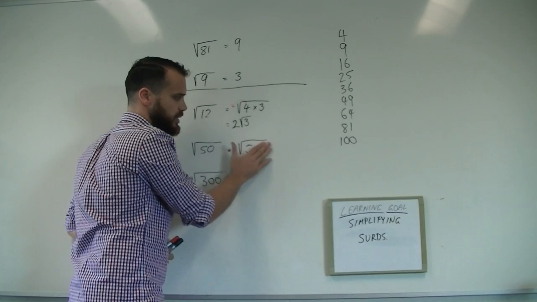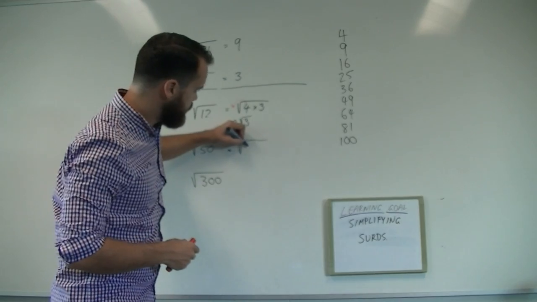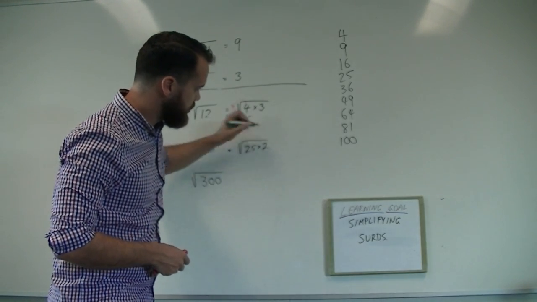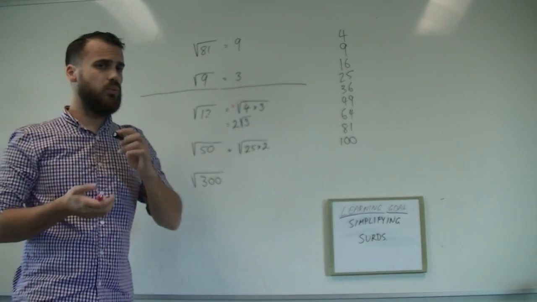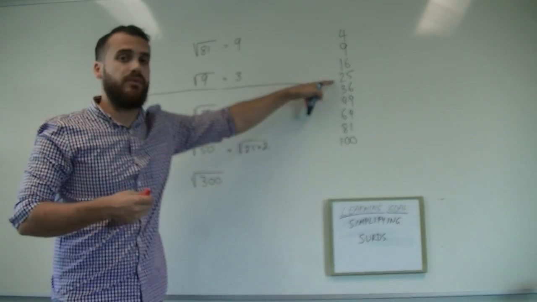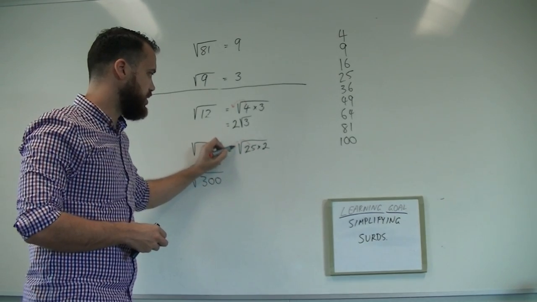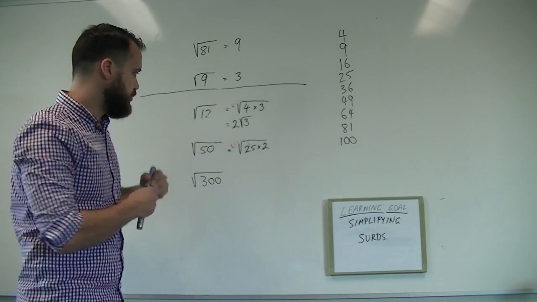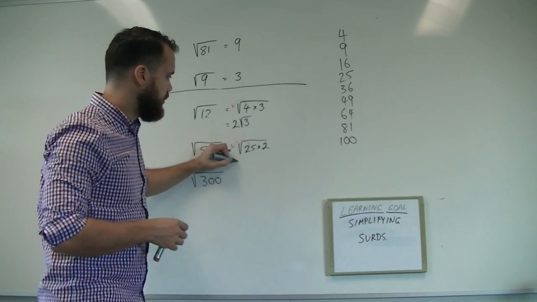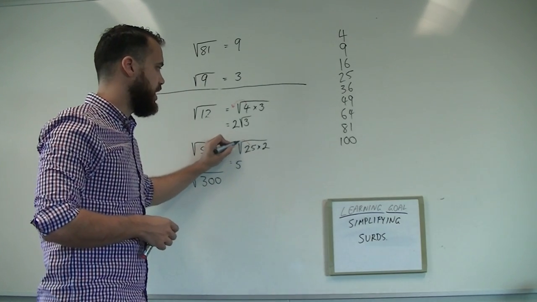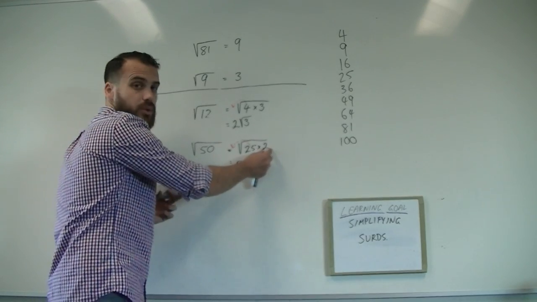I can break it up in a different way, however, that is going to help me. 25 times 2. So 25 times 2 is the same as 50. Now one of those numbers is on my list, 25. So I can take that 25 and move it outside of the square root. And when I do move it outside, we find the square root of 25, which is 5. So 25 moves out and becomes 5. Now what's left over? The square root of 2.